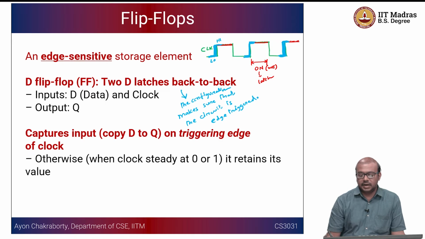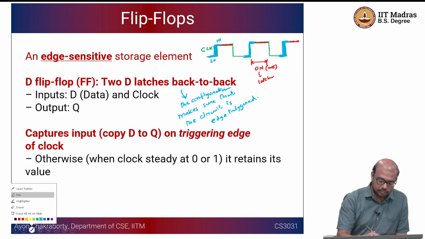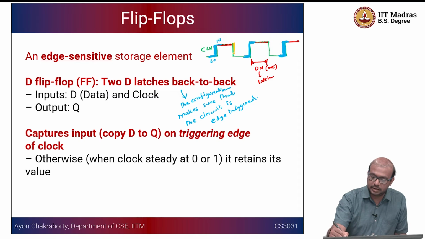When the clock is steady at 0 or steady at 1, or even when it is changing from 1 to 0, right? Unless you have a dual trigger. Let me draw, let's say this part, so this part is another edge. This is high to low.